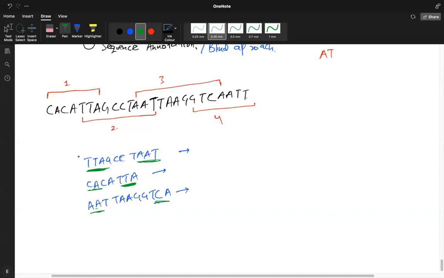So you see that this fragment starts with TTA, where this fragment ends with TTA. So maybe this TTA is common, and this part comes before this one. That's why TTA is common. And this fragment ends with AAT, and the third one starts with AAT. So maybe this whole thing comes here after AAT. Do you understand?